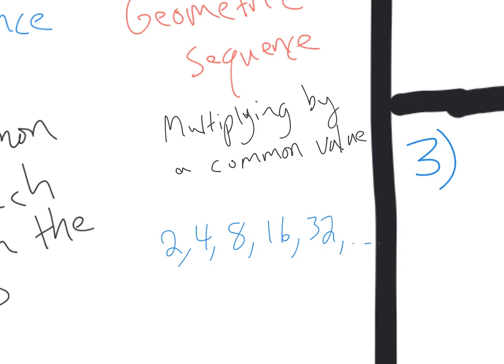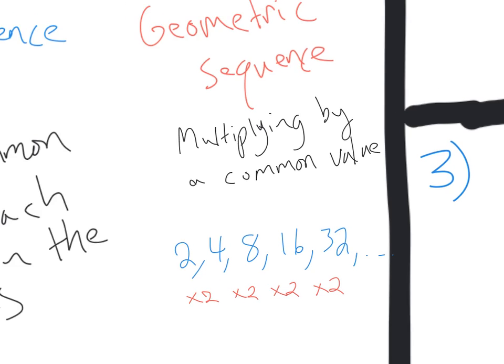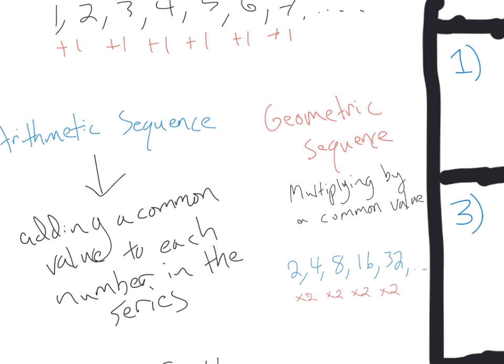What are we doing here? Well, we're just taking each number and multiplying the previous number by 2 to get the next number. So 2 times 2 makes 4, 4 times 2 makes 8, 8 times 2 makes 16, 16 times 2 makes 32. So you could predict the next number would be 64. 32 times 2 makes 64. So those are your two types. You've got arithmetic and geometric.